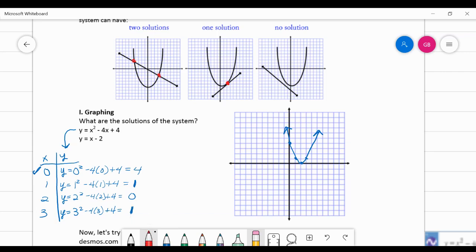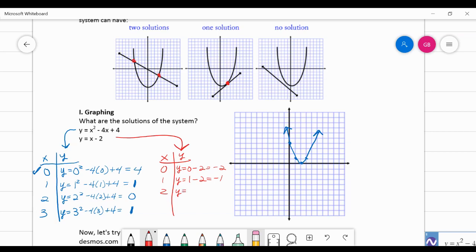And now for the linear function, if x is 0, then y is negative 2. If x is 1, y is negative 1.